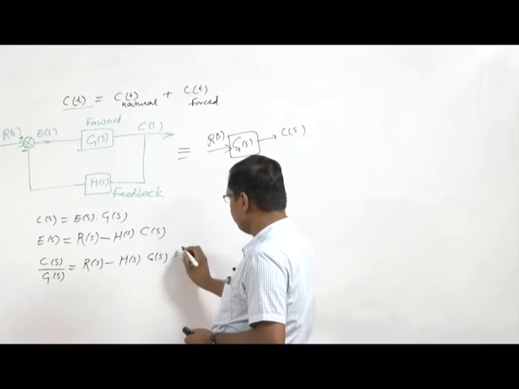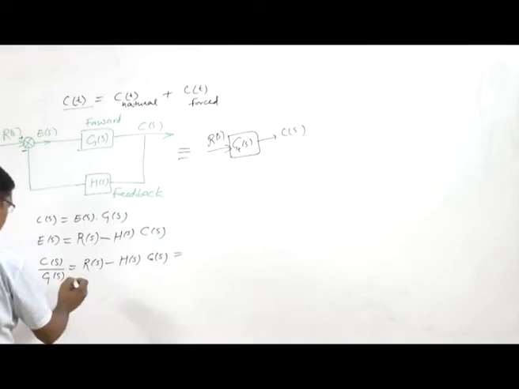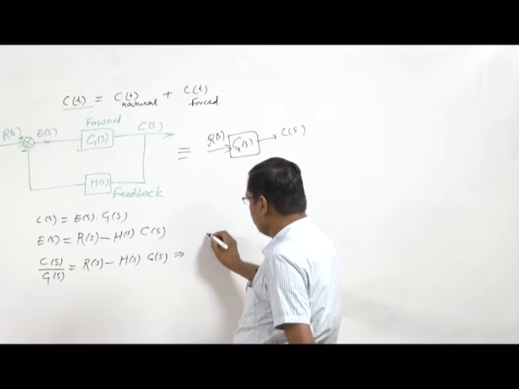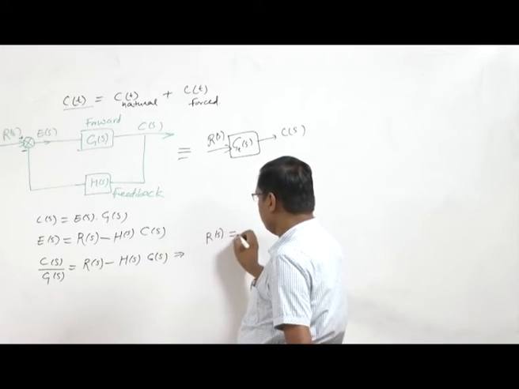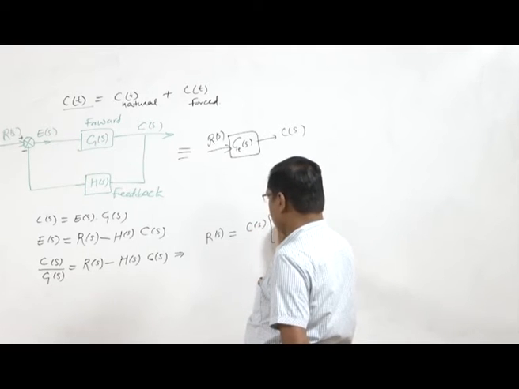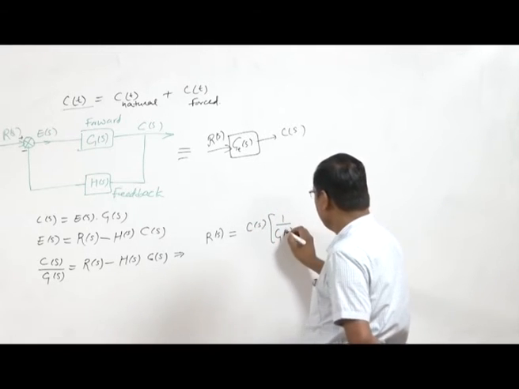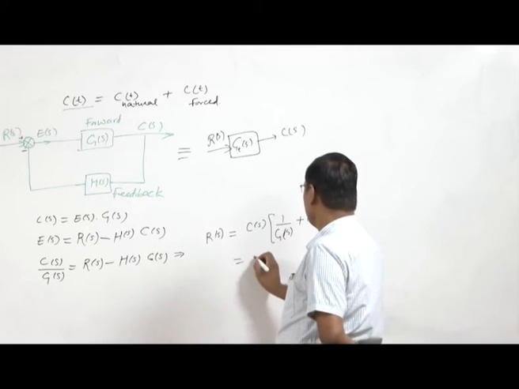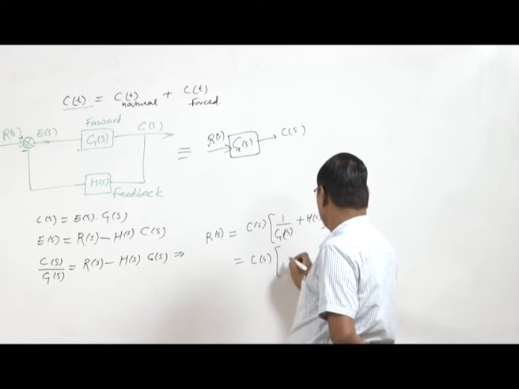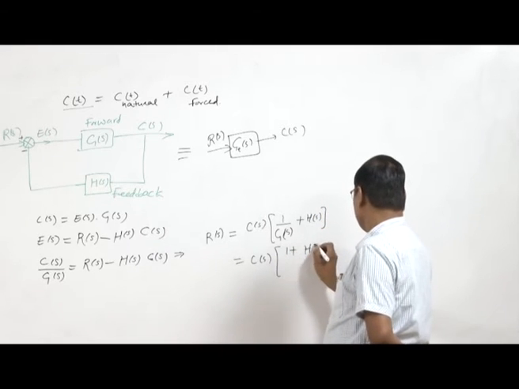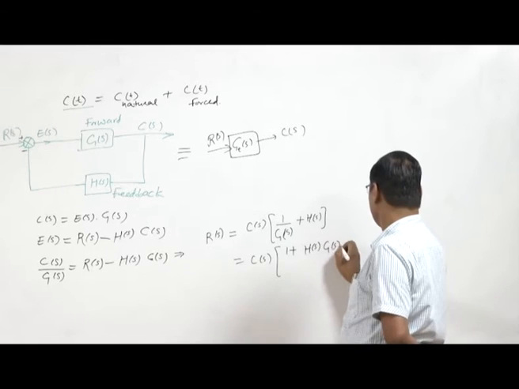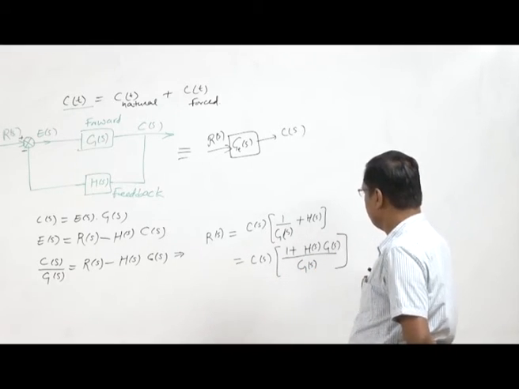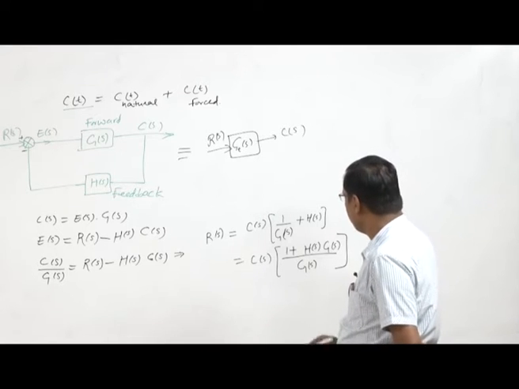So here we can write R(s) equal to C(s) times 1 by G(s) plus H(s). This is equal to C(s) times 1 plus H(s)G(s) by G(s), and so R(s) by C(s) equal to GE(s).